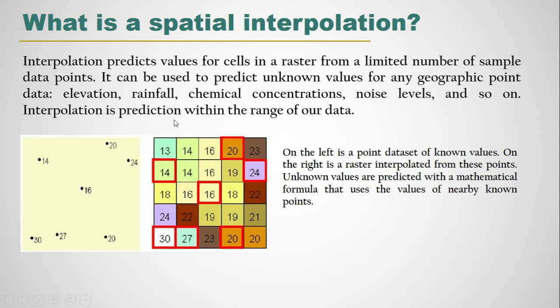Interpolation is prediction within the range of our data. On the left is a point dataset of known values. On the right is the raster interpolated from these points. Unknown values are predicted with a mathematical formula that uses the values of nearby known points.